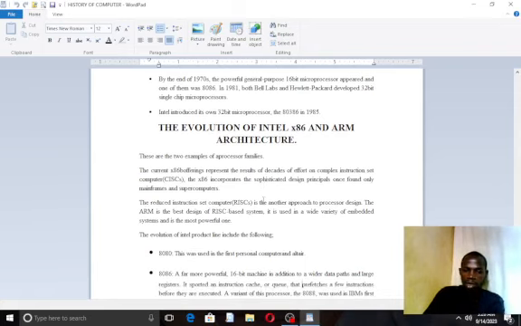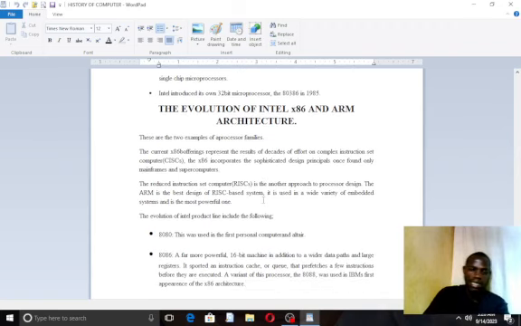The reduced instruction set computer is another approach to processor design. The ARM is the best design of these RISC-based systems.